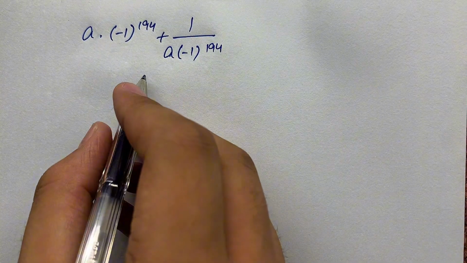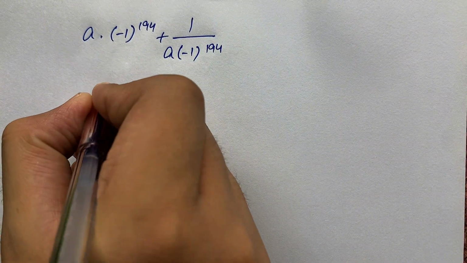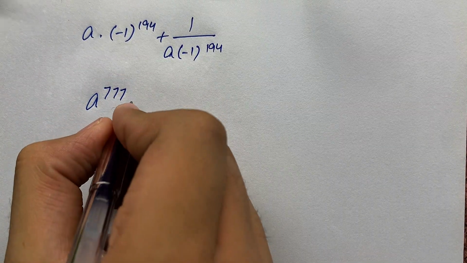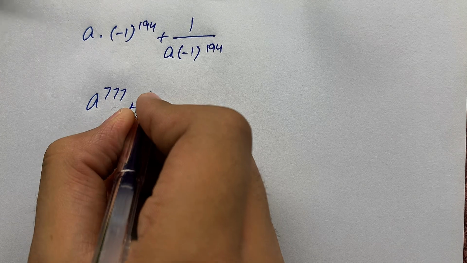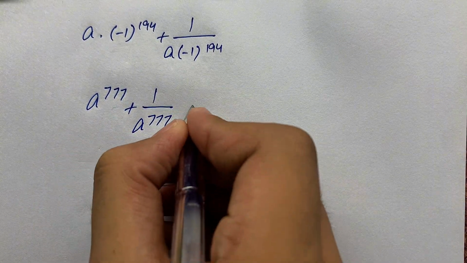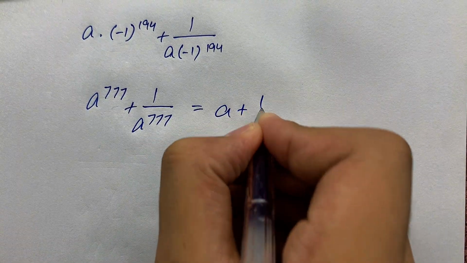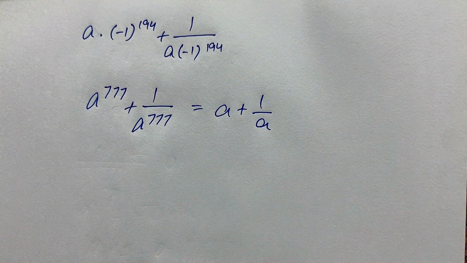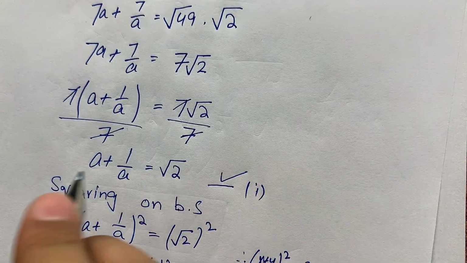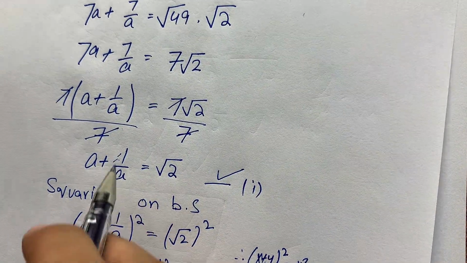Now this will be a to power 777 plus 1 divided by a to power 777 is equal to a plus 1 divided by a. Recalling our equation, a plus 1 divided by a is equal to under the root of 2.